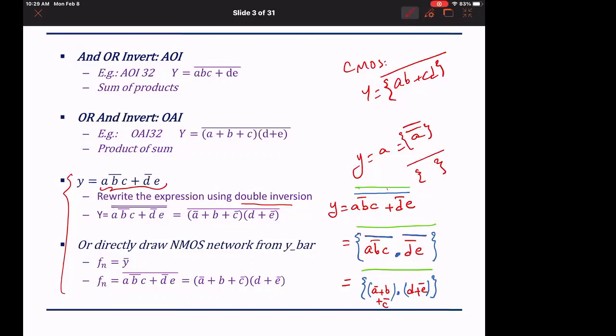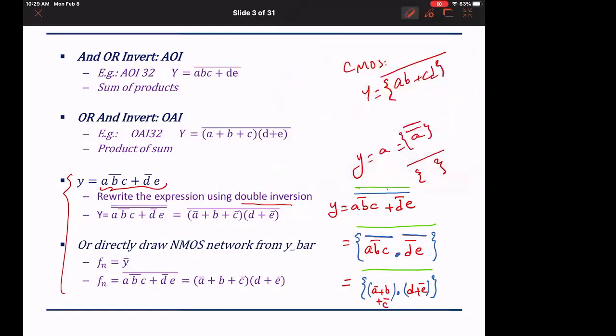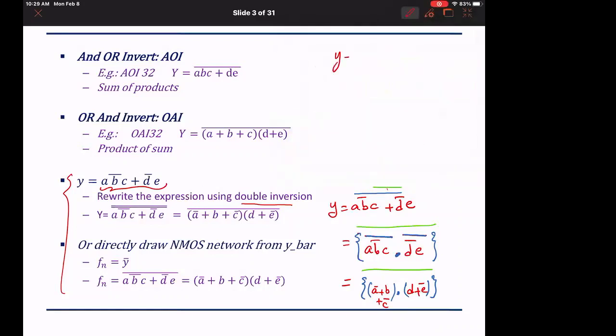Yes. So what we will end up with now is the following. Let us write it on top: y is equal to the bar of (A bar or B or C bar) into (D or E bar).